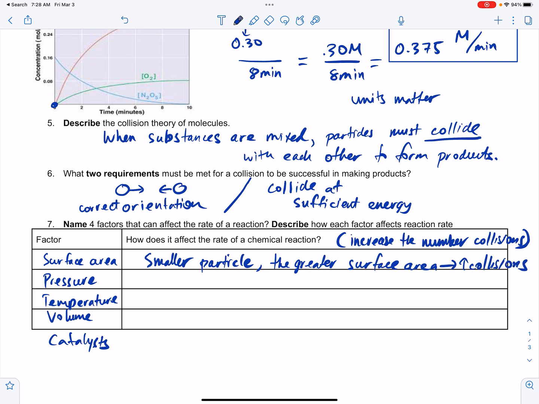Pressure. So again, the greater the pressure, oh wait, this is concentration.